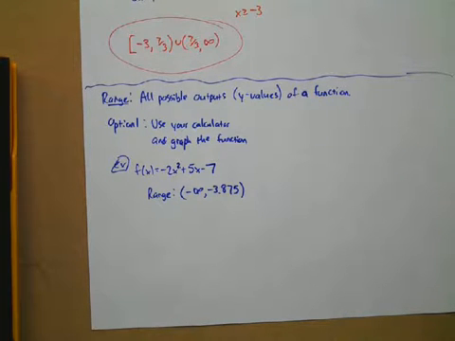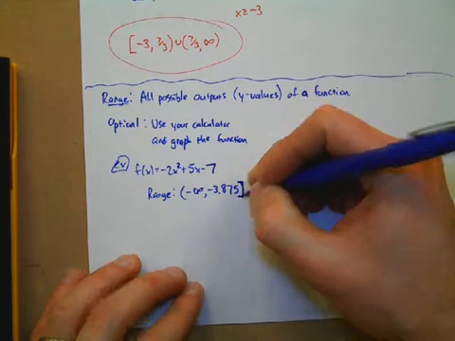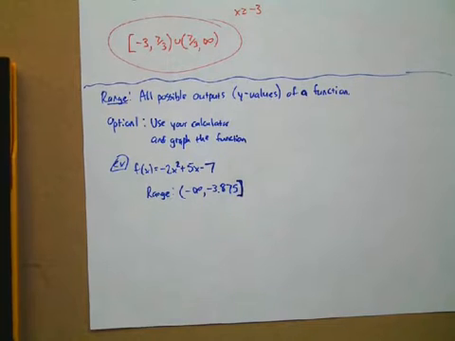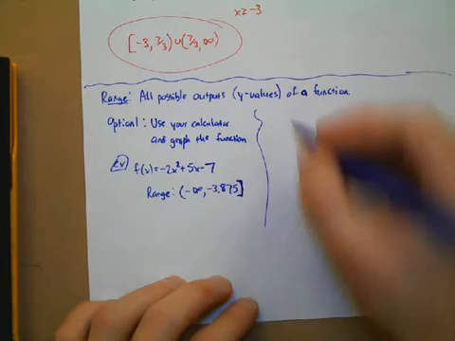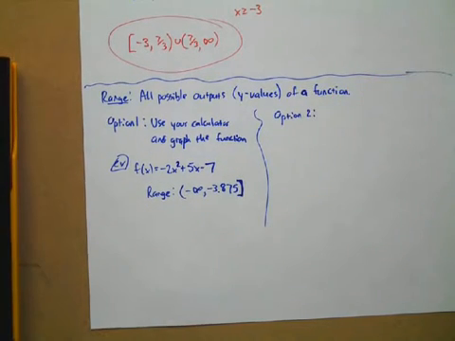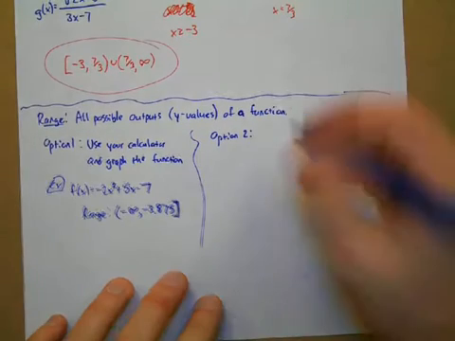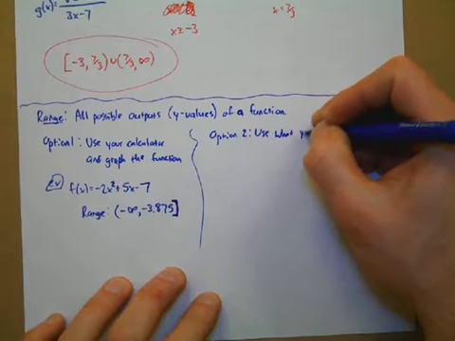Okay. So that's option 1, using the calculator and just graphing it, and then finding what the highest point is, what the lowest point is, and all that stuff. Option 2, and this is typically when you don't have a calculator, is to use what you know about the parent function and transformations.